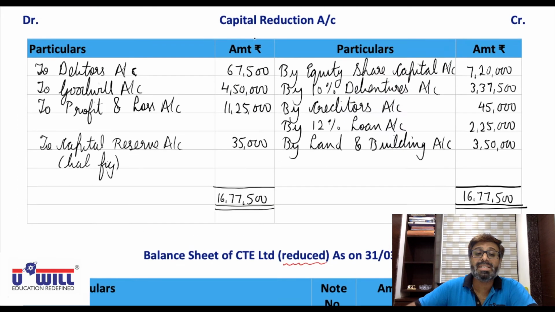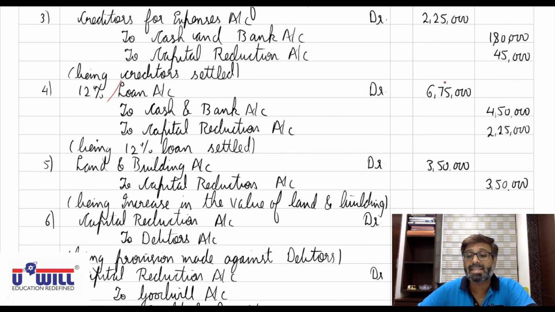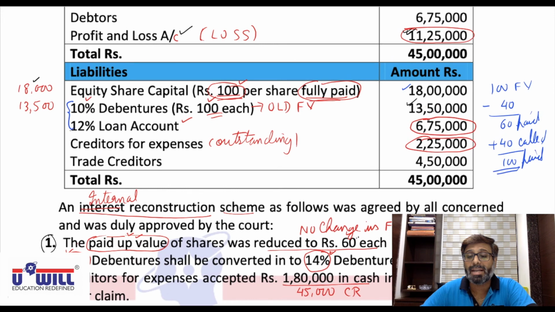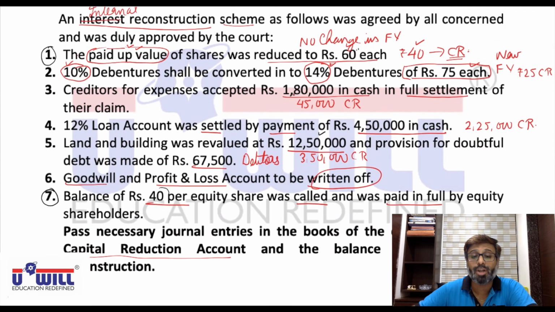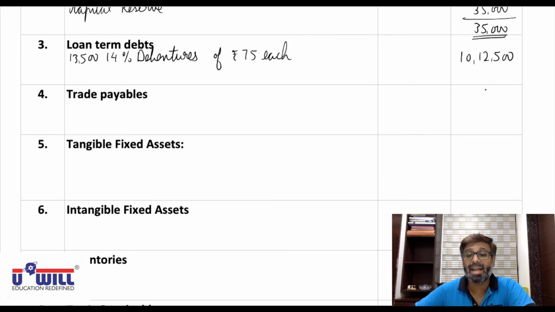And the bank loan is completely getting settled and closed. Okay, bank loan you debited 6,75,000, so it completely gets closed, and here it is given also in adjustment 4 that bank loan was settled, so now it will not come in the balance sheet. So in long term debts we have only one item now, debentures of 10,12,500. That itself is the total.